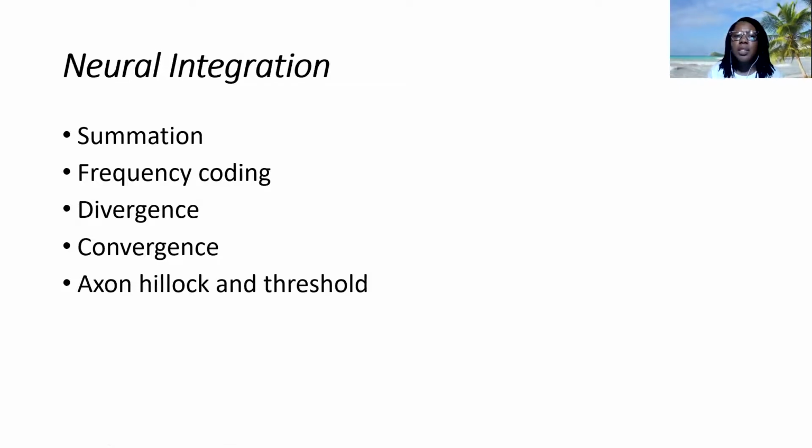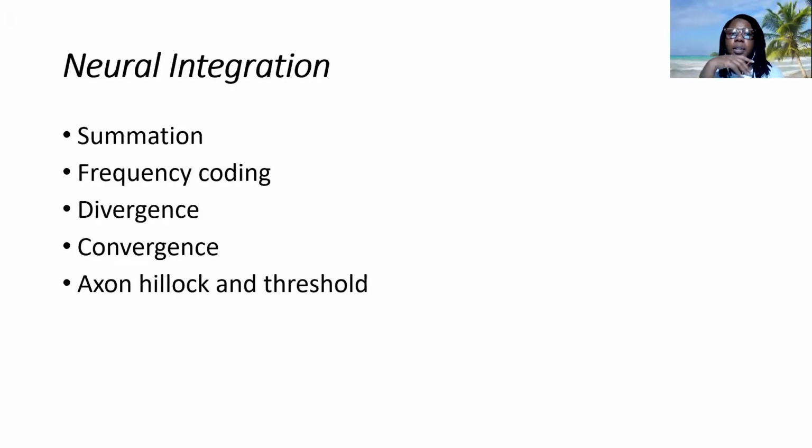And we talked about this loosely earlier, where we said that graded potentials happen proximal to the axon hillock, or before the axon hillock, whereas action potentials begin at the axon hillock and travel down the length of the axon. And so the axon hillock is really the region that determines whether or not that threshold value is achieved, whether or not that condition is met, and we can indeed fire an action potential.